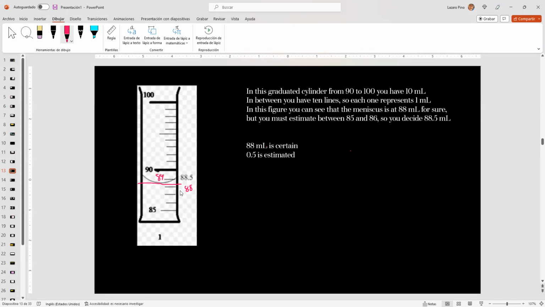So you can be certain that the volume is 88 milliliters, but it's something else more.